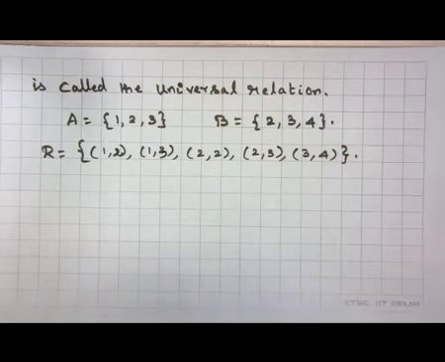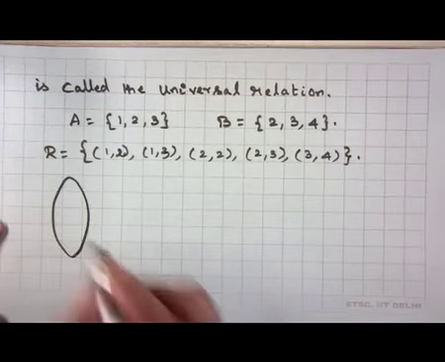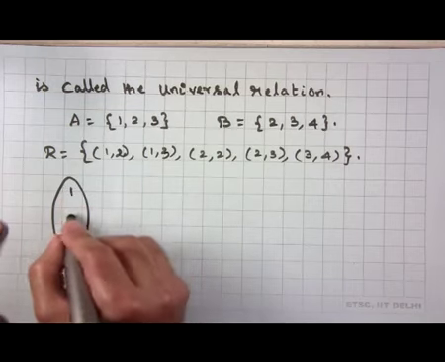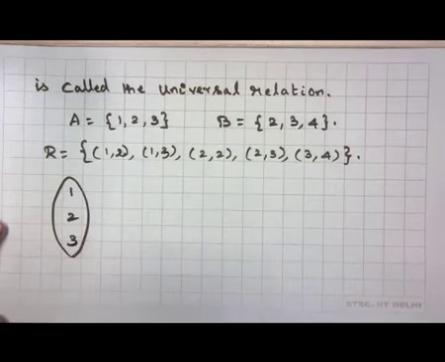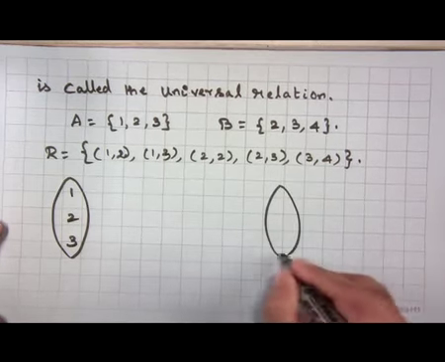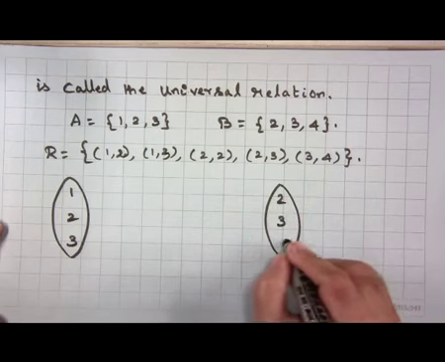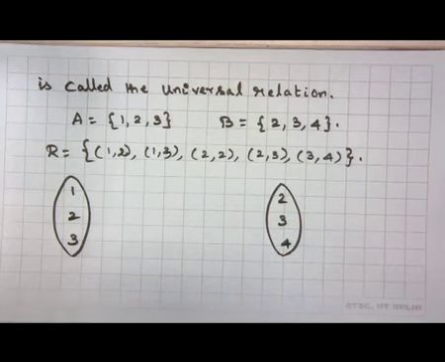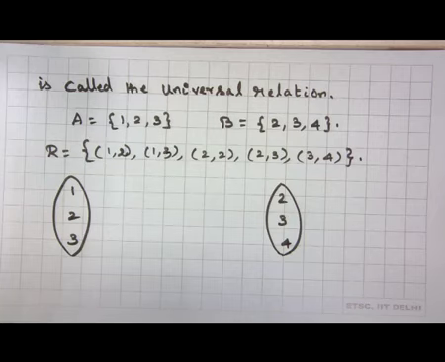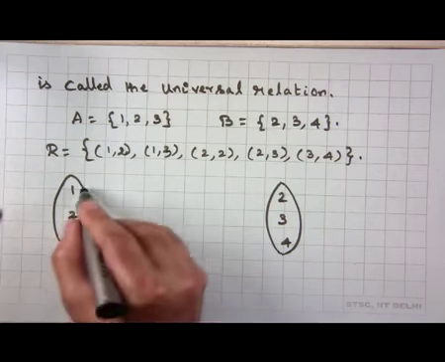Let us try to represent this pictorially. The first set has 1, 2 and 3. Let us write down the second one, which is 2, 3 and 4. Let us look at the first one. The first element of the relation is (1, 2). So, 1 is related to 2.